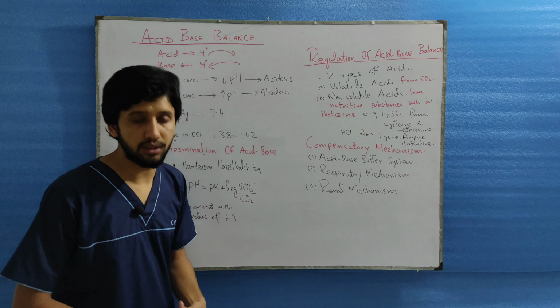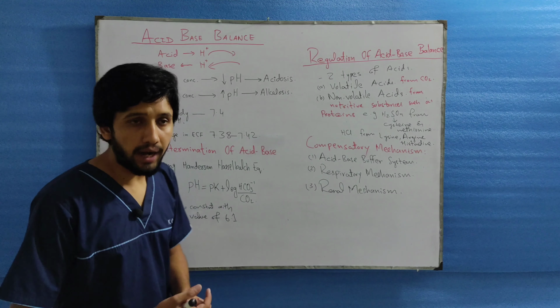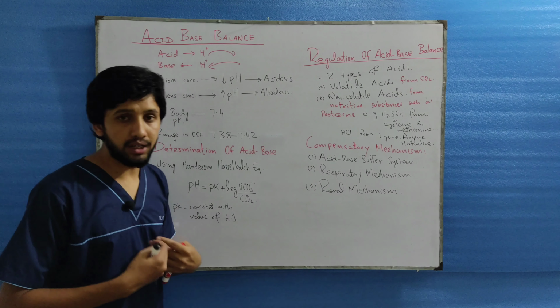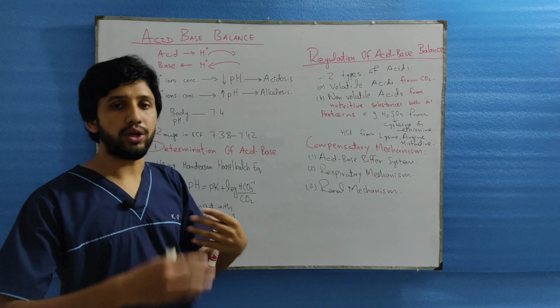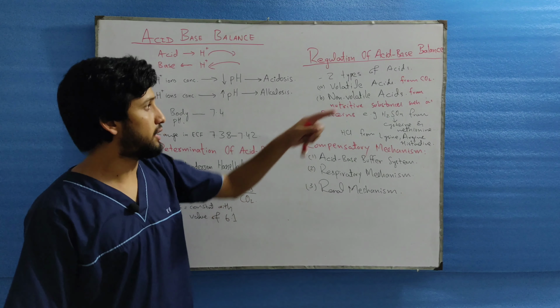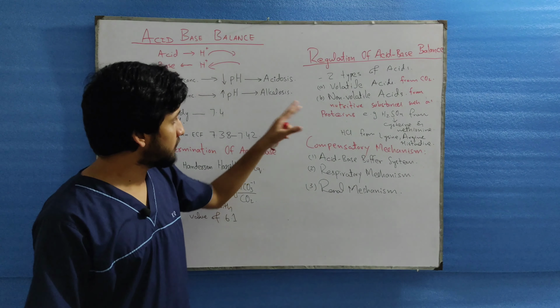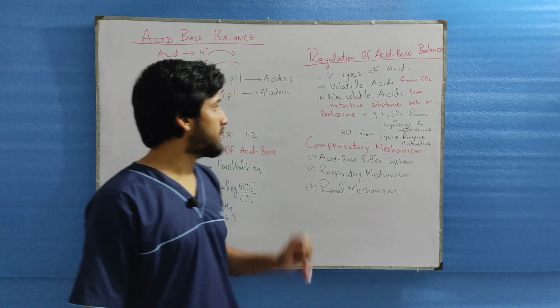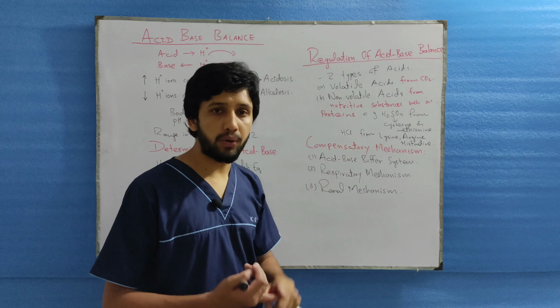What are volatile acids? Volatile is a substance which evaporates on heating, like carbon dioxide, which is constantly produced in our body. This is not too dangerous for our body because we are respiring continuously and this CO2 is eliminated from our body. The next one is non-volatile acids, which are produced from nutritive substances like proteins.